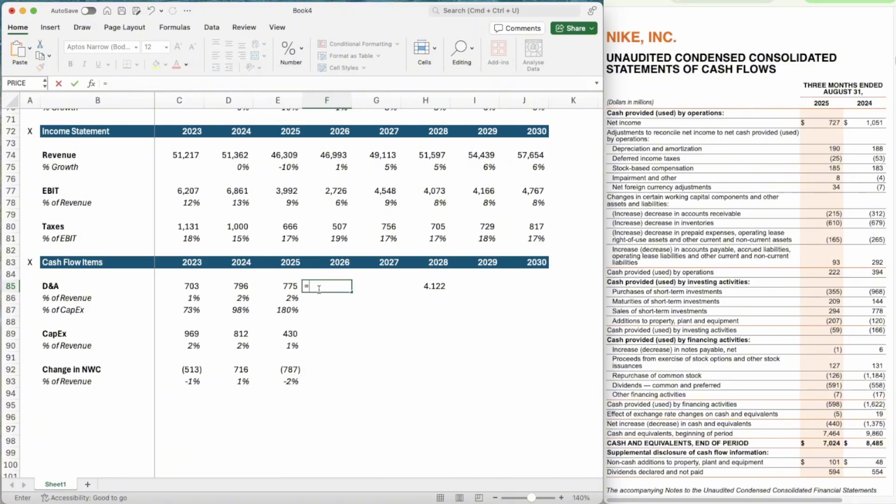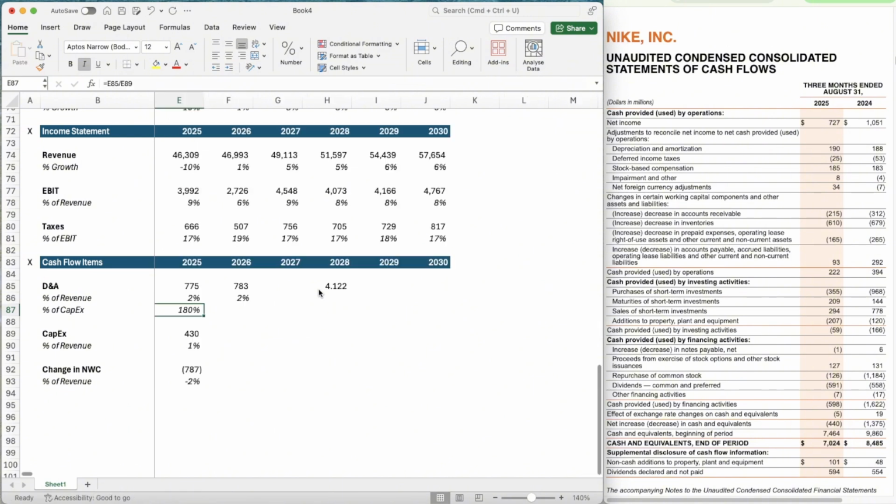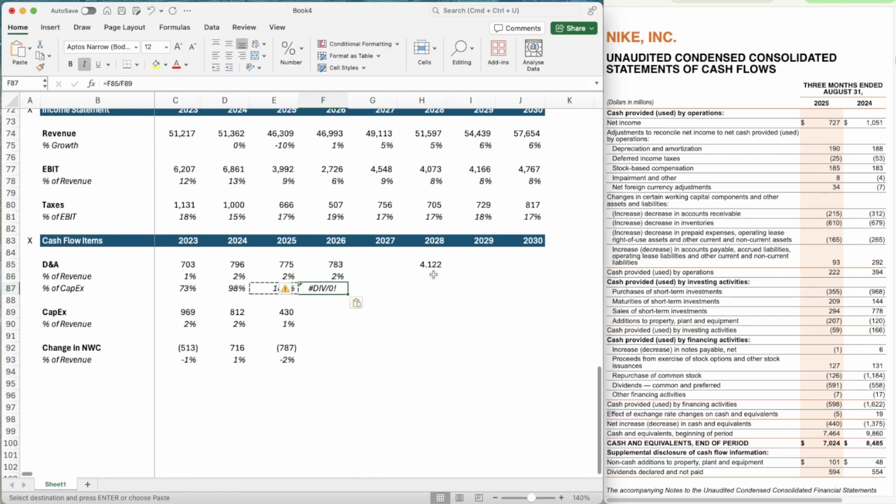Okay, equals 190 multiplied by 4.122. For capex, 207, so they did 430 divided by 120 by 8, so equals 207.